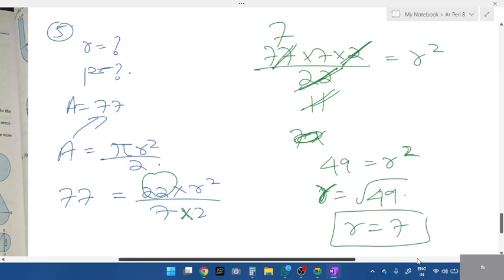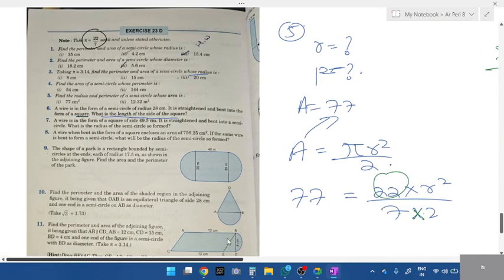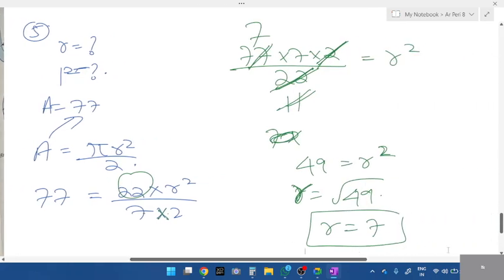Yeah, complete this, students. Complete. After this, what else is given? Find the perimeter. Once you complete, find the perimeter.